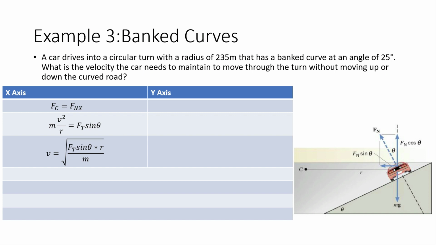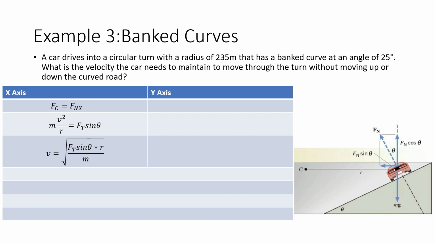So here we go, everybody. I've adjusted my problem. I turned it into a radius of 235, not 435. There's our banked curve. And since it's the same, I'm going to start off the exact same way as I did before. My circular force is in my x-axis, so my normal force x is the only component in that direction.